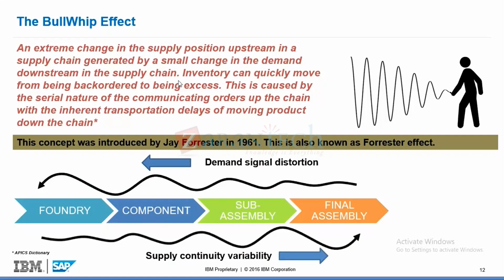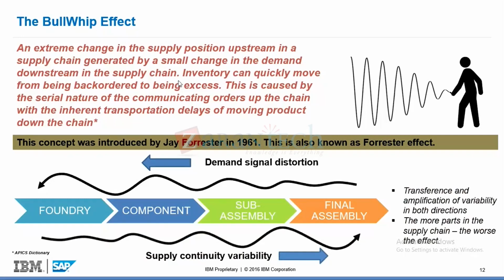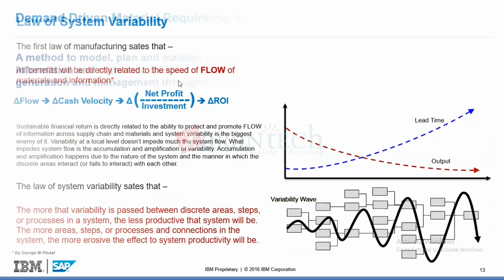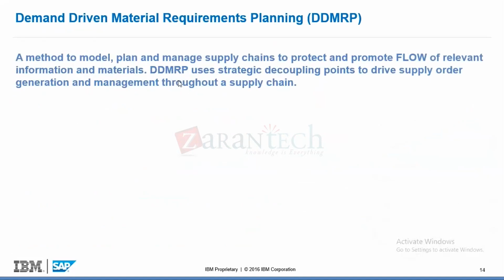The demand signal distortion flows from final assembly back to the foundry, and the supply in the other direction. And if there are more parts in the supply chain, then the situation is worse.